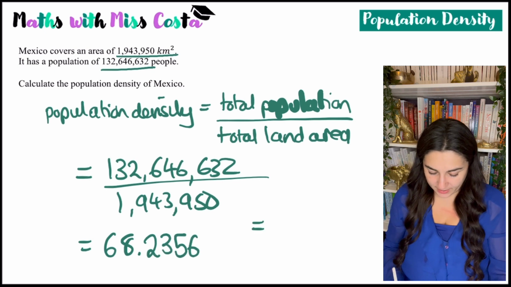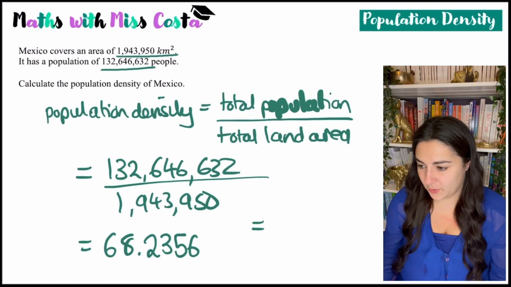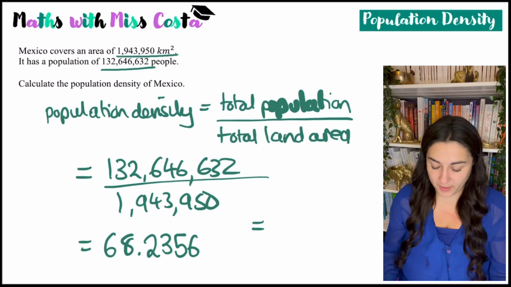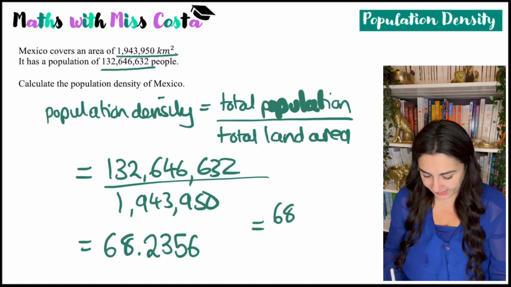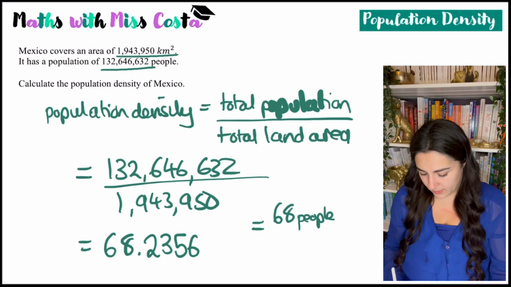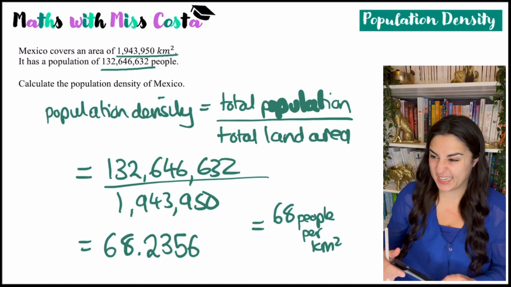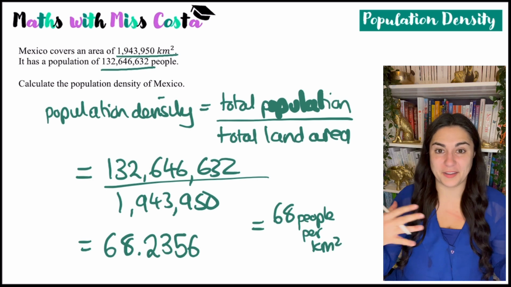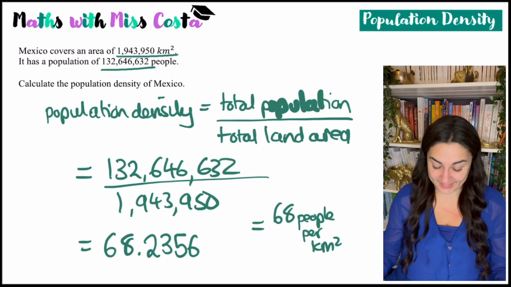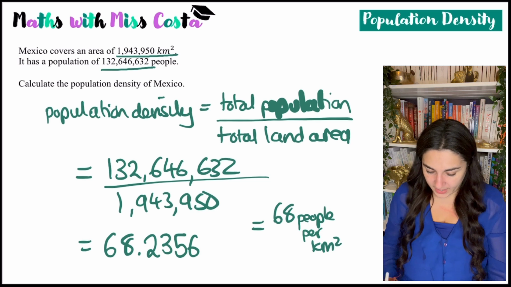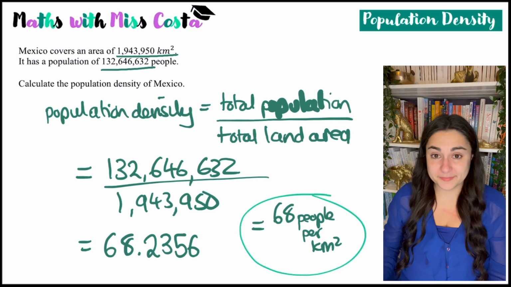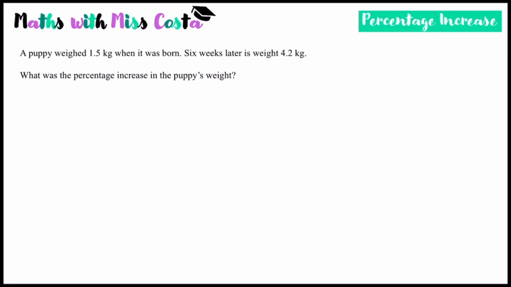I'm not going to have 0.23 of a person, am I? So I'll just round that to 68 people per kilometre squared. So for every square kilometre in Mexico, there's around 68 people.